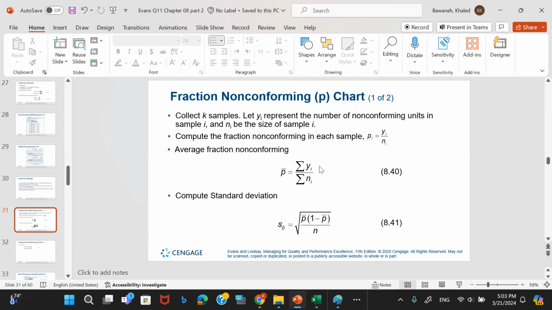The fraction is like if we have a bucket with 10 parts and two of them are not good. So the fraction of not good is 2 over 10. That's the fraction.